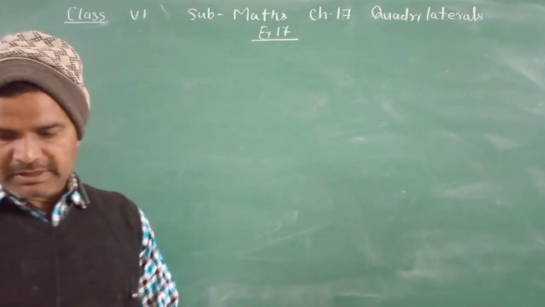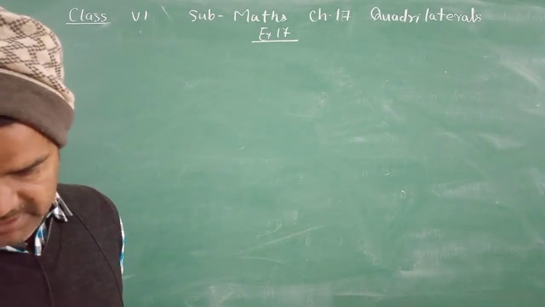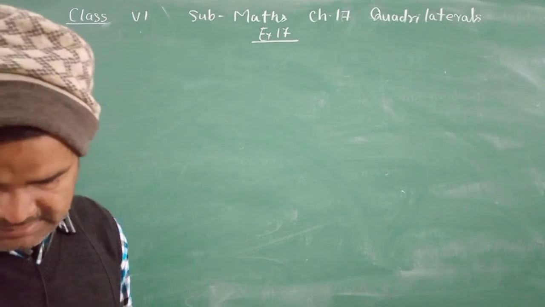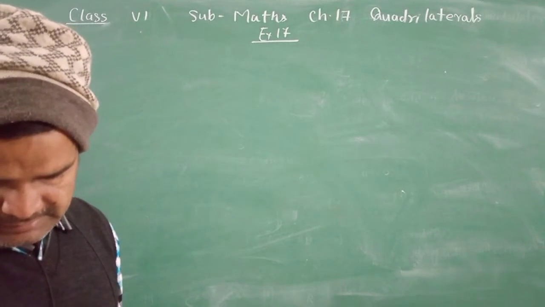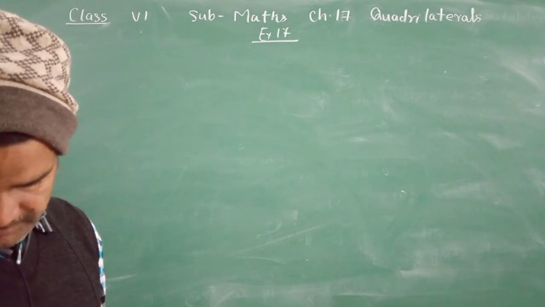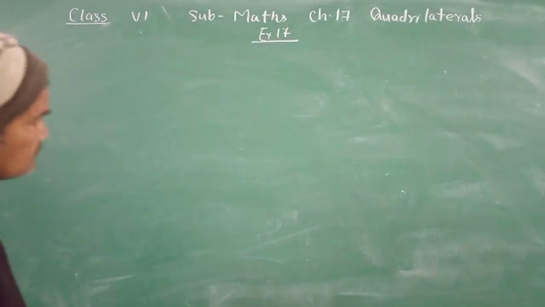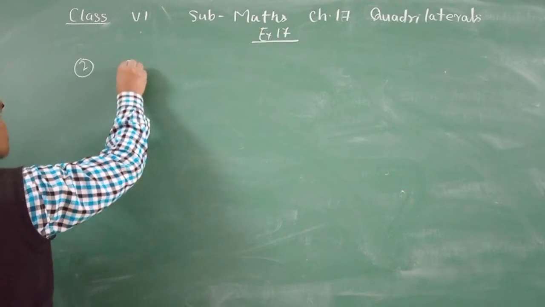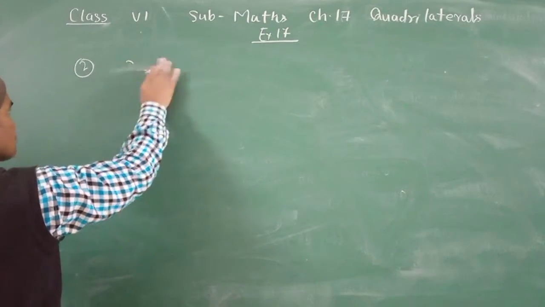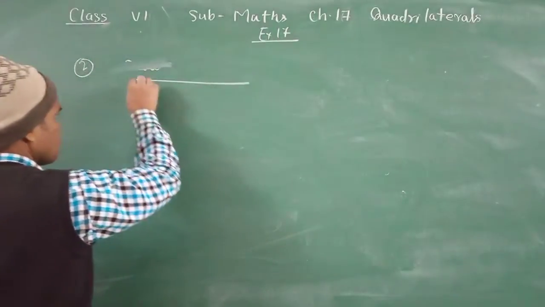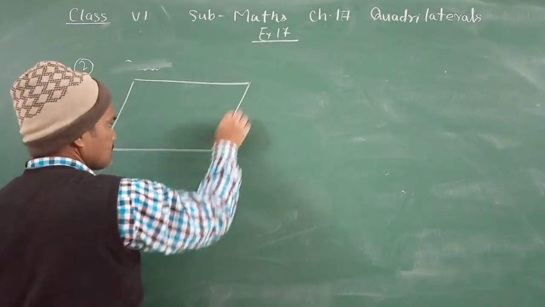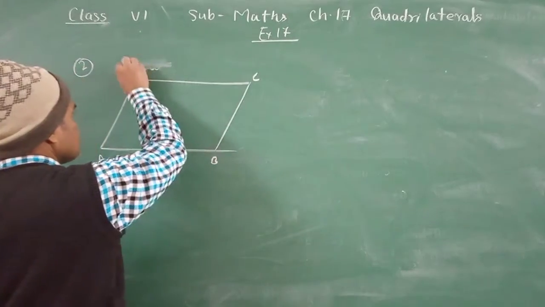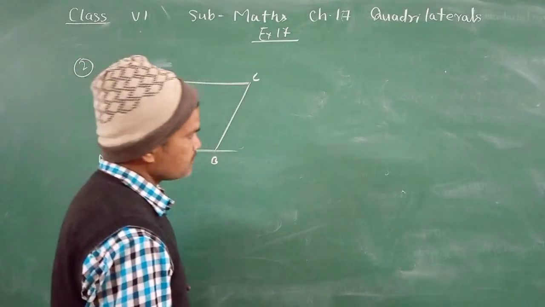Draw a parallelogram ABCD in which AB, BC, CD and angle BAD are given. First we draw the rough sketch of the parallelogram. Suppose this is A, B, C, D. What is given?